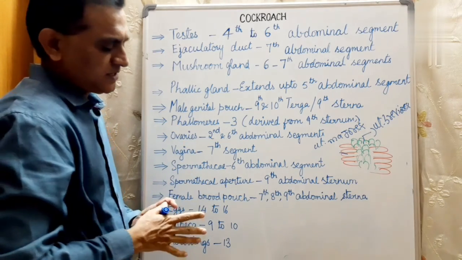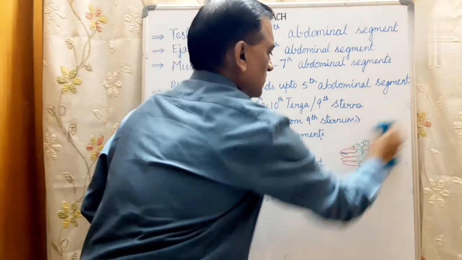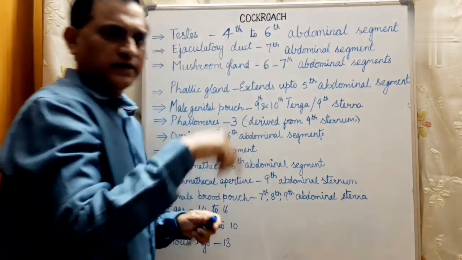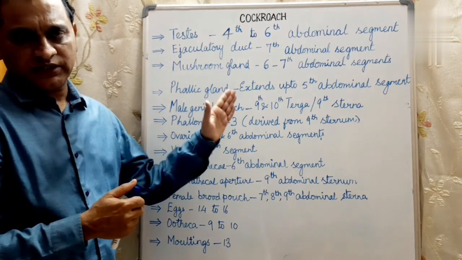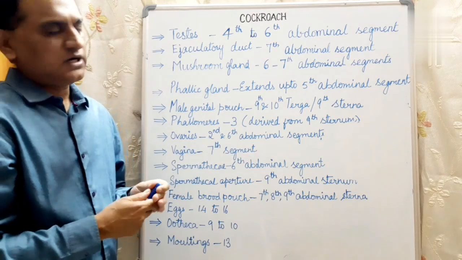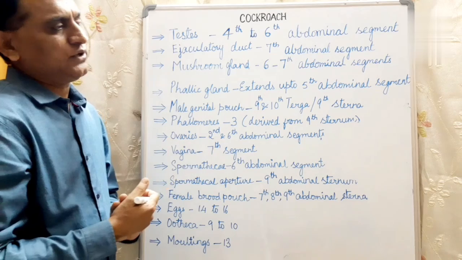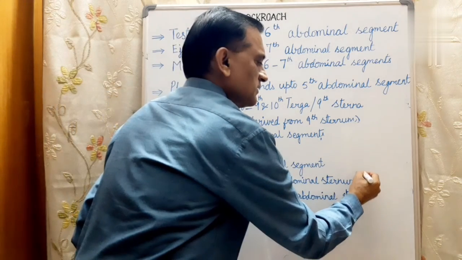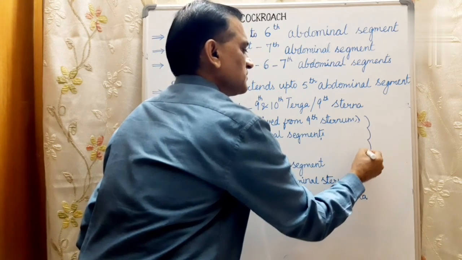Next, the female reproductive system. It consists of a pair of ovaries located ventrally, extending from the 2nd to the 6th abdominal segments, and each ovary is made up of 8 ovarioles. Each ovariole has a broad end and a narrow end.